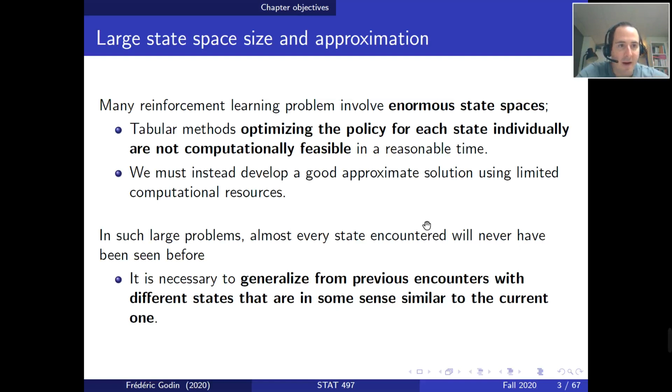In very large problems, one issue we have is that almost every possible state will never be encountered in the episodes generated. For example, if there are 10 to the 10 states possible, even if you generate 10,000 episodes or 1,000,000 episodes, the vast majority of the states will never be encountered.